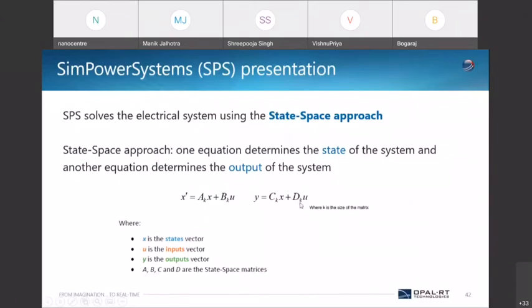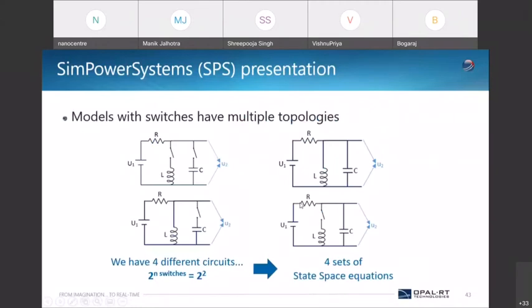Now, what exactly is being done within the SPS? Let us say that for this particular model in our example, there are two switches. Say that as of now both the switches are open.